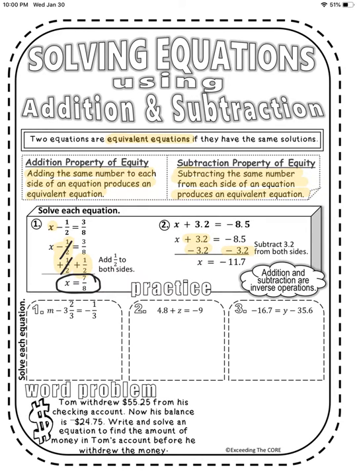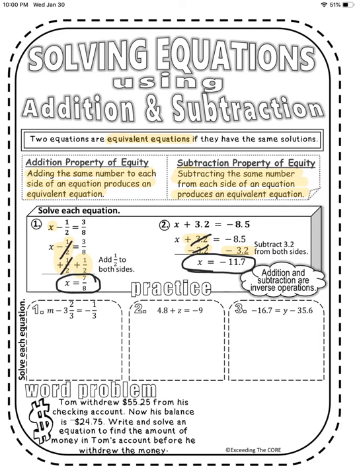When we do that, the positive 3.2 minus 3.2 cancels out, and x is now by itself. Then we look at the right side. We have two negative numbers. Since they're both negative, we add them together and we get negative 11.7. So that's our answer.